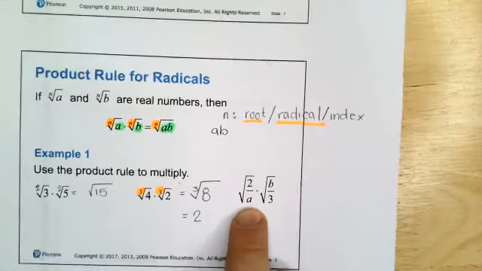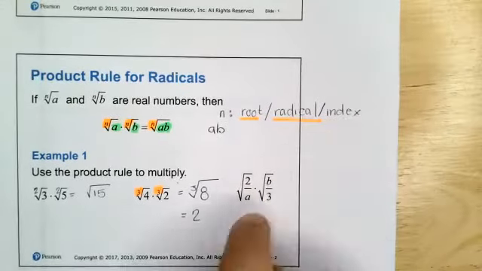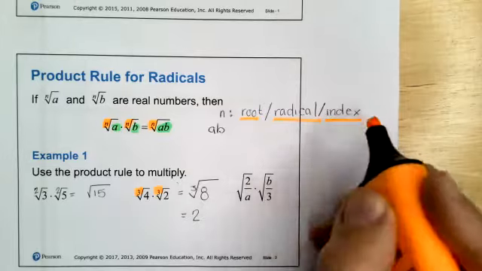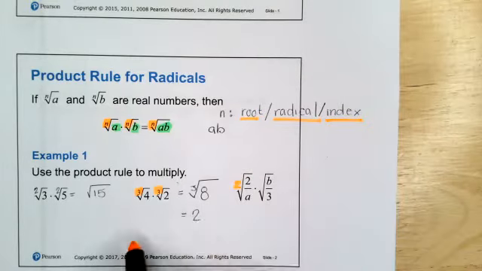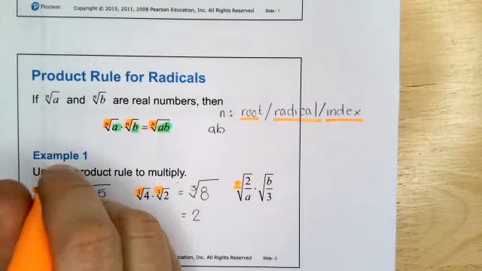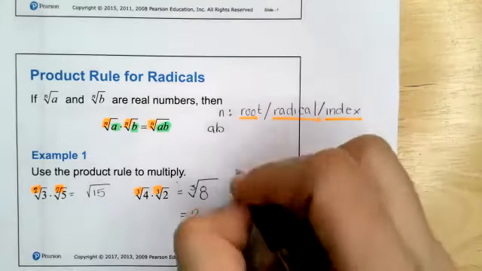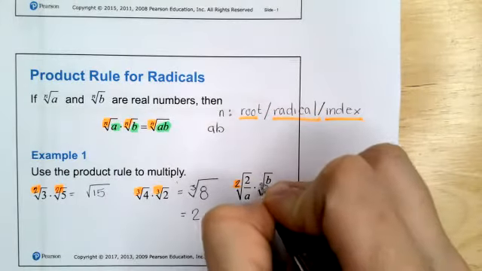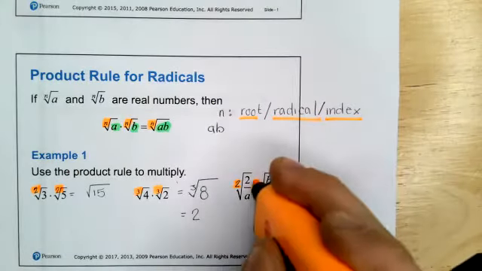Here the index is an understood 2. Here it was a 3. Here it's an understood 2 again. Good.